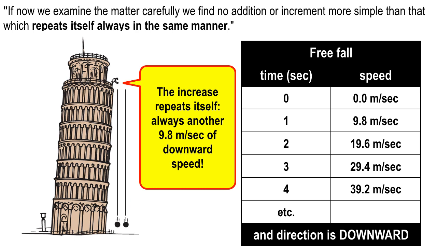But for free fall, always another 9.8 meters per second of downward speed for every second of free fall. And that's one of the key ideas that Galileo studied and verified and published his theory about, and it is incredibly important.